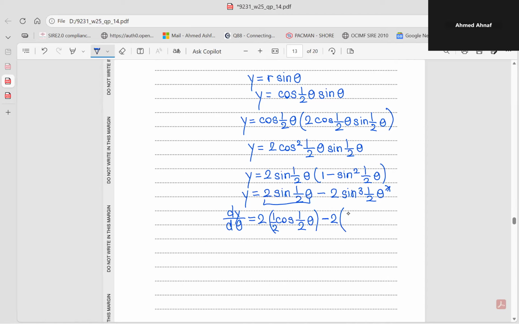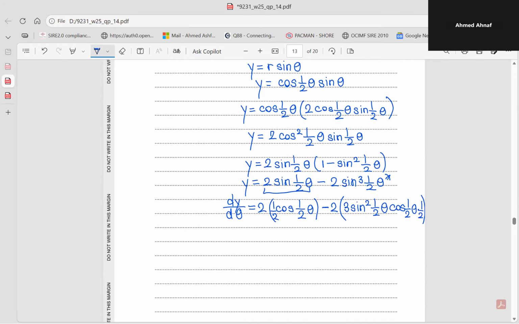So 3 sine square half theta, and then you differentiate the trig, which is sine half theta, and you'll get cos half theta. Then you differentiate the half theta with respect to theta, which is just half. So this cancels out, this also cancels out.